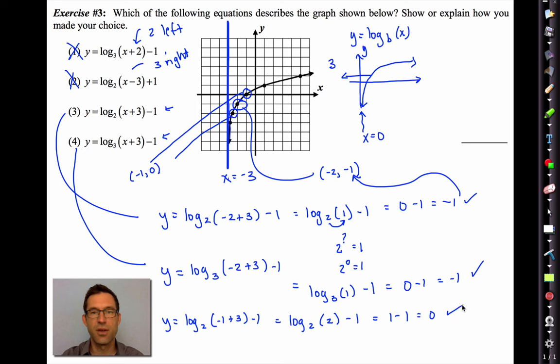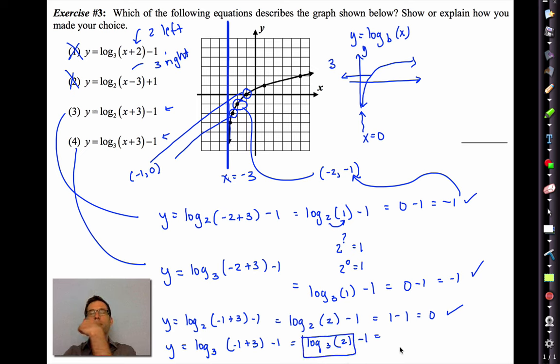Okay, well that's good. But I'm a little bit nervous. Maybe I should try it in log base 3. Again, it's exactly the same substitution. Log base 3 of 2 minus 1.